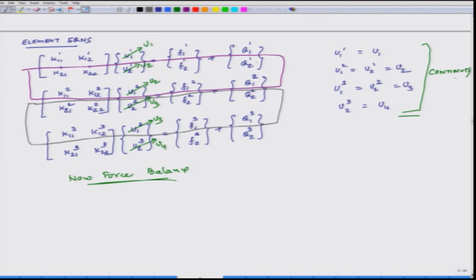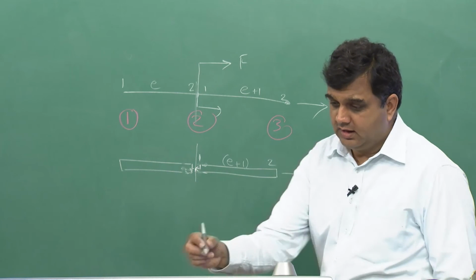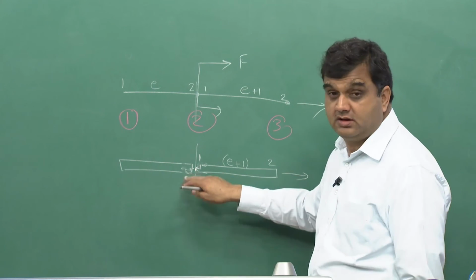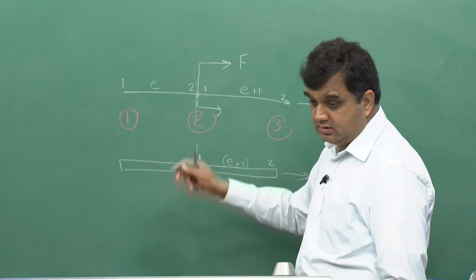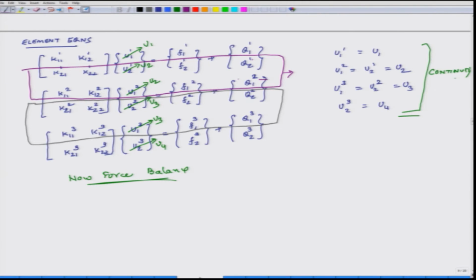Because when I add these two equations together, Q12 gets added with Q21, and if there is no external force, then their sum will be 0. This is the internal force representing this thing, and this is the internal force representing this thing, and if there is no external force at this point, then these two will add up to be 0. So, that is what we do.